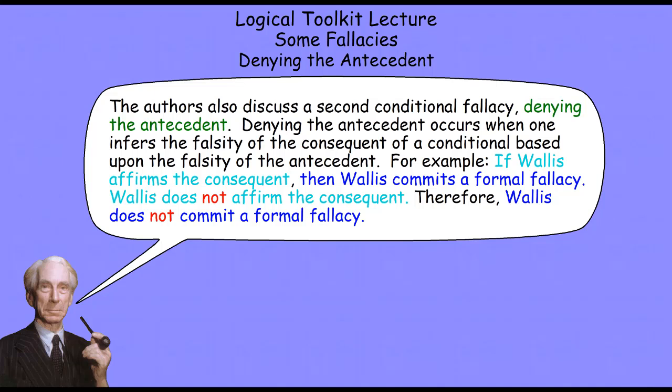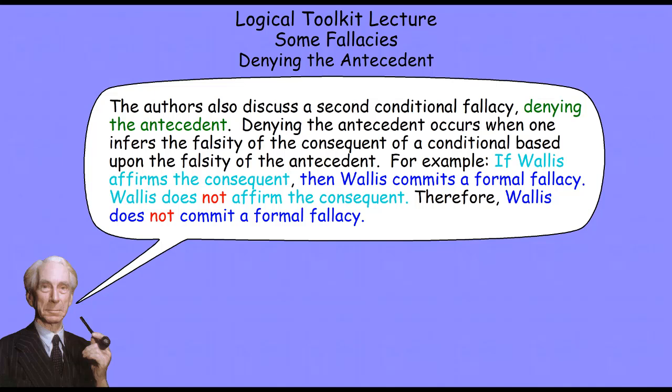Now, second premise, Wallace does not affirm the consequent. The antecedent is false. The conditional makes no guarantees about the consequent now. But the person who commits the fallacy of denying the antecedent makes an inference about the consequent, namely that the consequent is false or its denial is true. Wallace does not commit a formal fallacy.